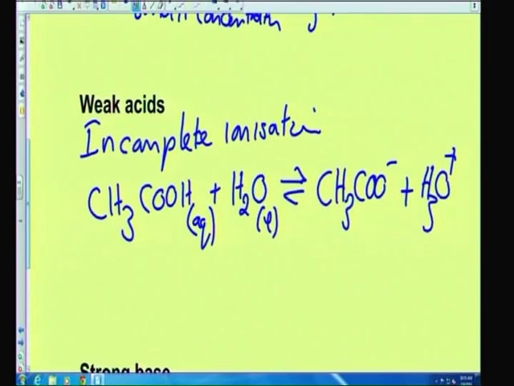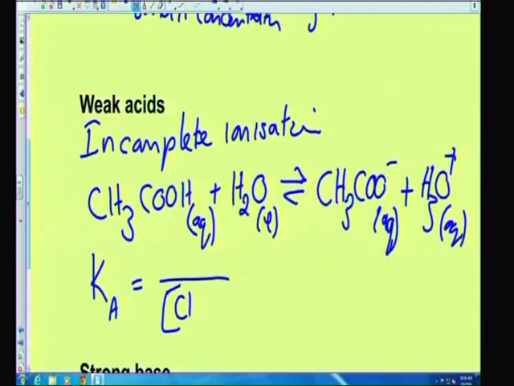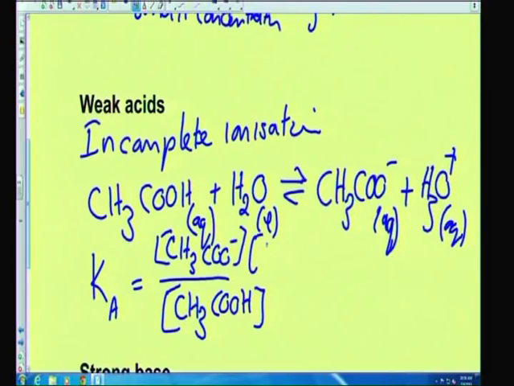This is a liquid, and this is aqueous. But if you look at the Ka here, the concentration of the ethanoic acid or vinegar molecule is going to be high. The concentration of this one isn't going to be so high, and this one, the hydronium ion, is also not going to be so high.